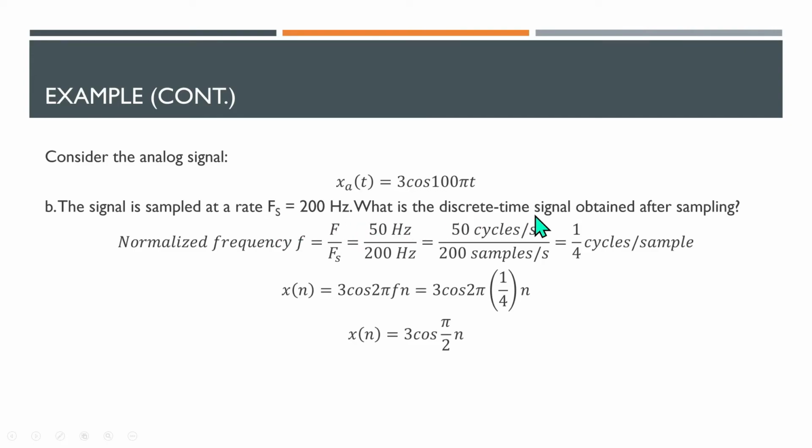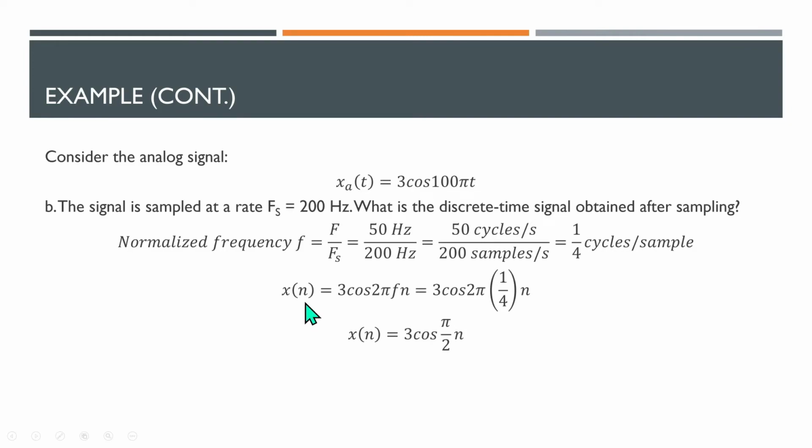What is the discrete time signal obtained after sampling? The normalized frequency is equal to capital F divided by F_s. F is the frequency, which is equal to 50 Hz. F_s is the sampling rate of 200 Hz. We have 1/4 cycles per sample.